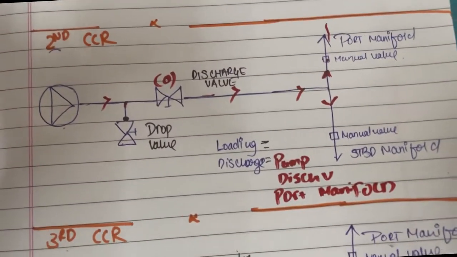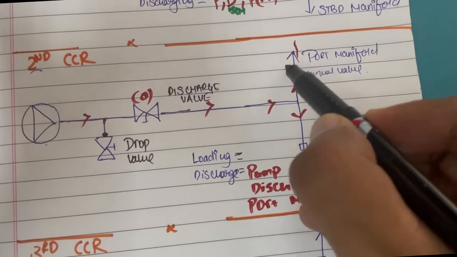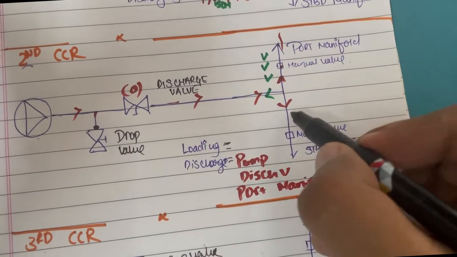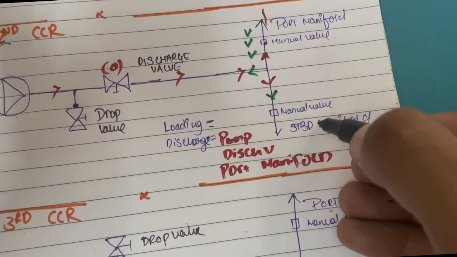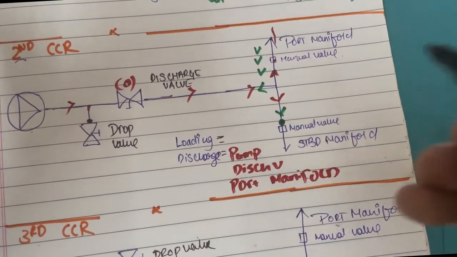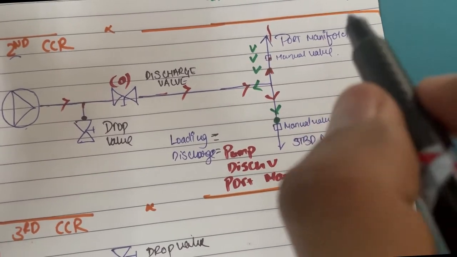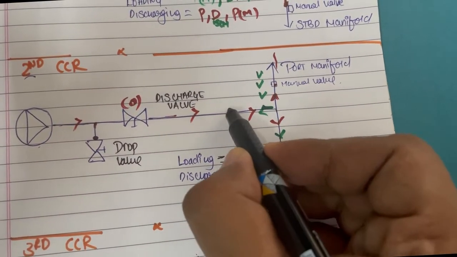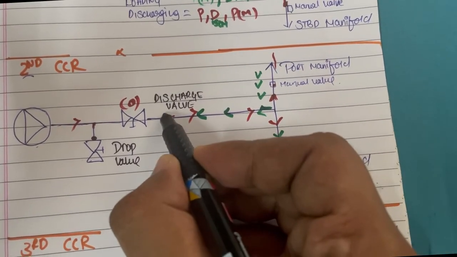Now if we are loading over here, we will open the port side manifold valve. The cargo would come over here, it will go here and here, but this manifold valve is shut, so the cargo will stop or stay over here. Then as this line is open, the cargo will come over here.